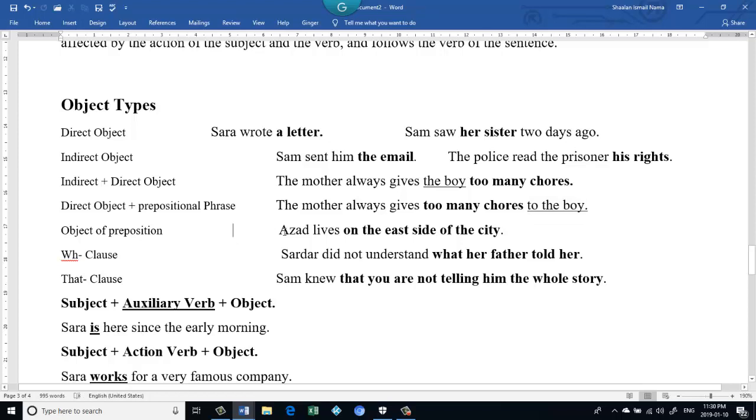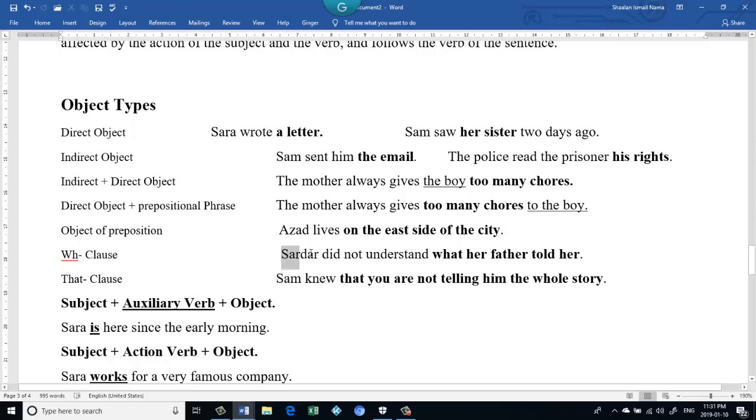Here we have Azad lives on the east side of the city. Azad is the subject, lives is the verb, on the east side of the city is the object of the preposition on. Maybe sometimes we have a WH clause acting as an object for the sentence.